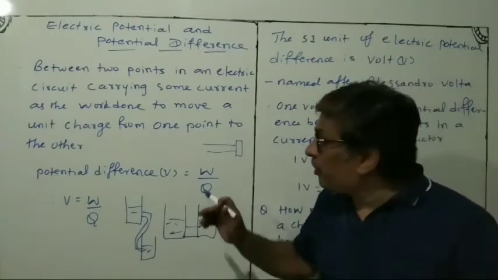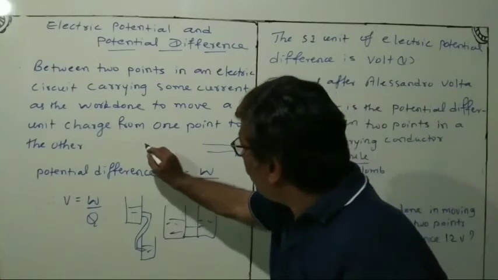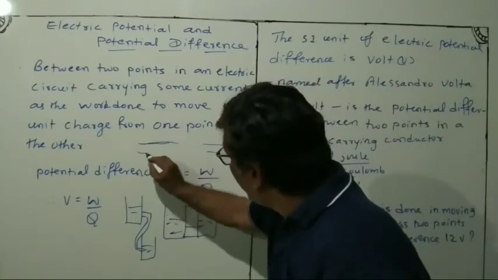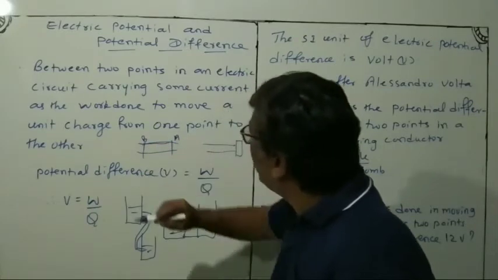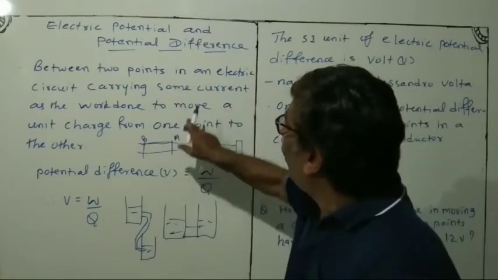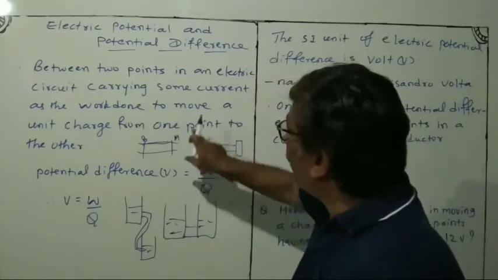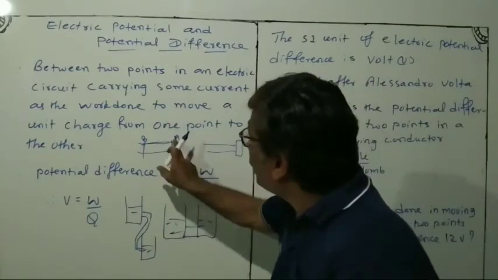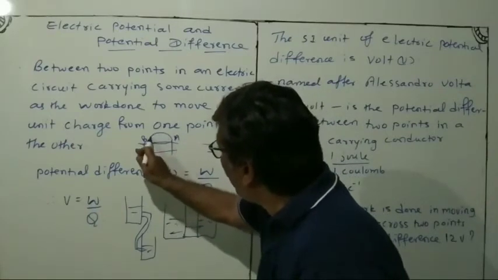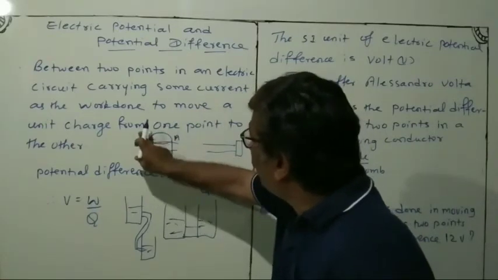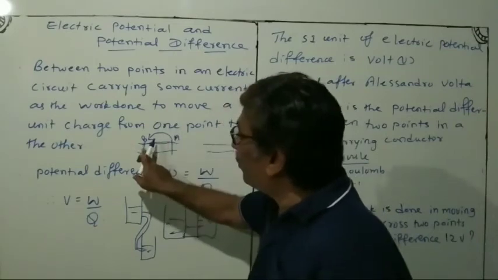What is the meaning of this? For example, from here to here you make a point A and a point B. Between two points in an electric circuit carrying some current, the work is done to move a unit charge from one point to the other.